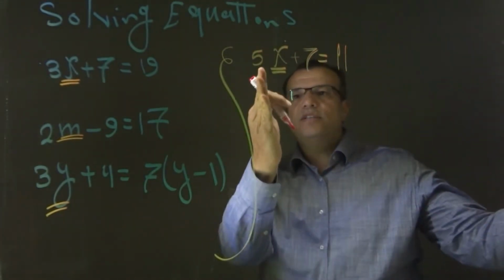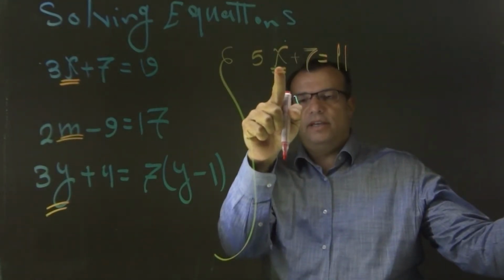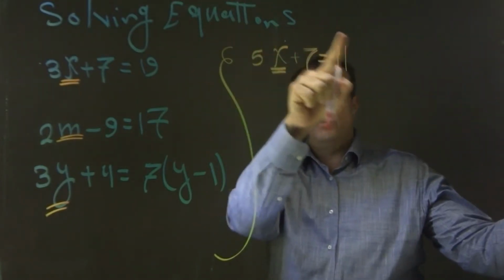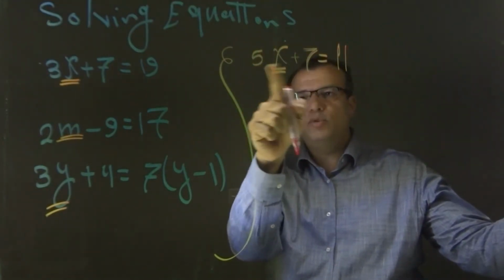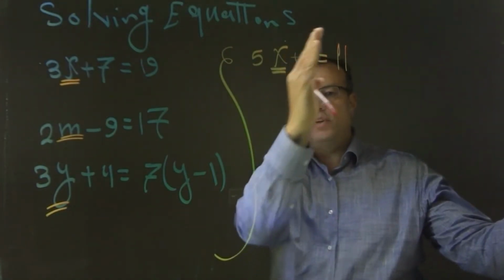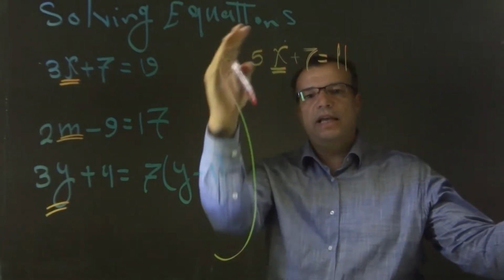Again, how do I solve this equation? Move 5 and 7 to the other side. Adding and subtracting move first, and you can move multiplying and dividing later.